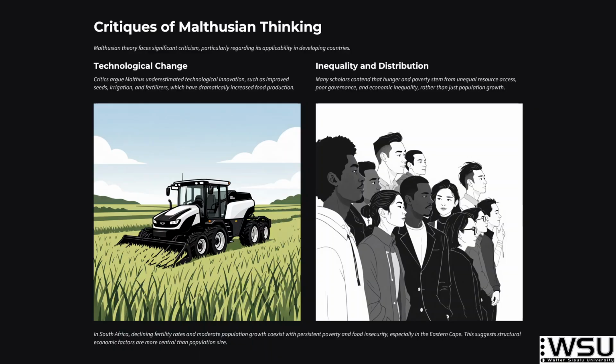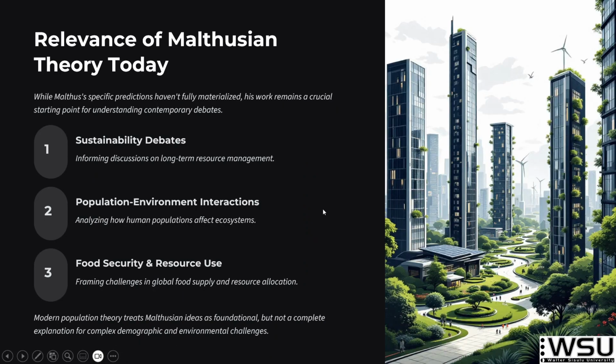But the problem is that when people are poor, they are not able to access food and they therefore do not have food security, especially in rural areas like the Eastern Cape. So this suggests structural economic factors are more central than the population growth or population size.